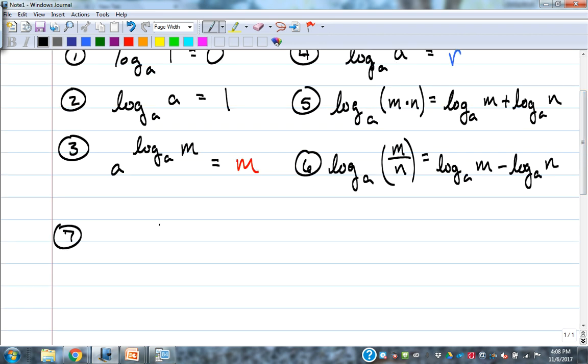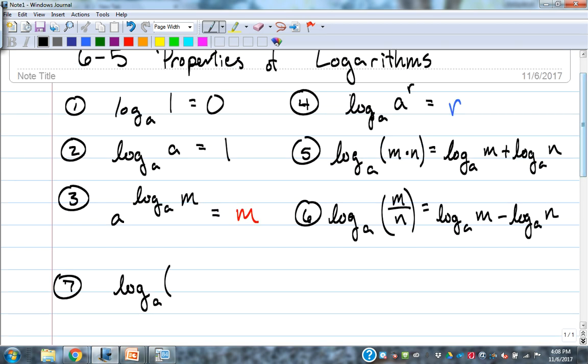Pop over here to the bottom. Log base A, again, base doesn't matter. And then this one's kind of similar to number 4, except instead of having the same base, we've got a different base. And what that can do is allow you to bring that exponent down to the front.